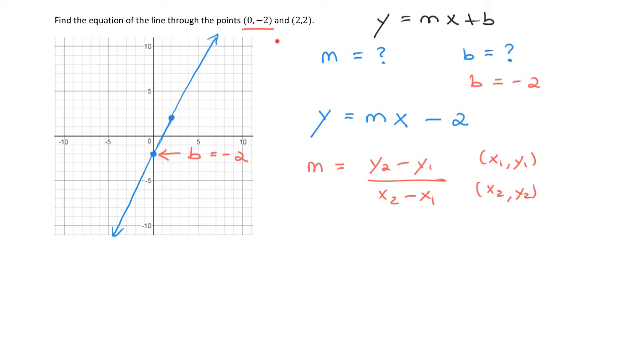We can just take this information, plug it into this formula, and it will tell us the value of m. That's the only other thing that we need to know. So we can try this approach here. Maybe I'll say (x1, y1) is the point (0, -2). And therefore, (2, 2) is what I'll call (x2, y2).